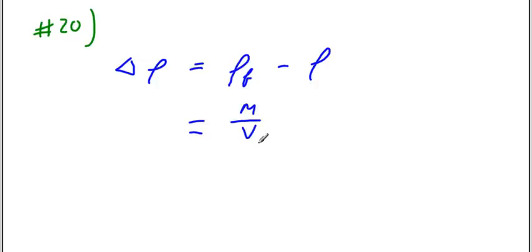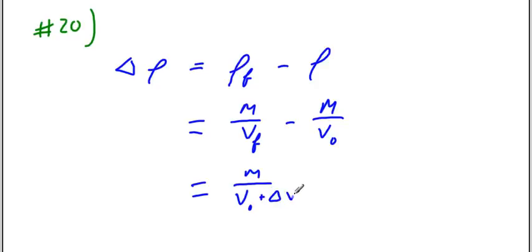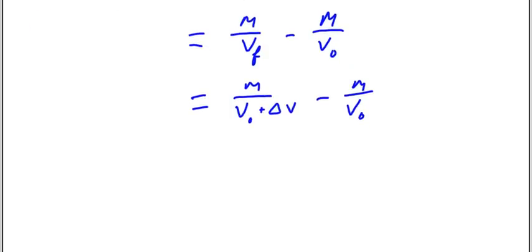That would be mass over volume minus mass, which doesn't change, over volume naught, and we could call this volume final if we wanted to. Okay, and we could rewrite that as mass over volume naught plus the change in volume, minus mass over volume naught. We could do that if we wanted to, and we do.